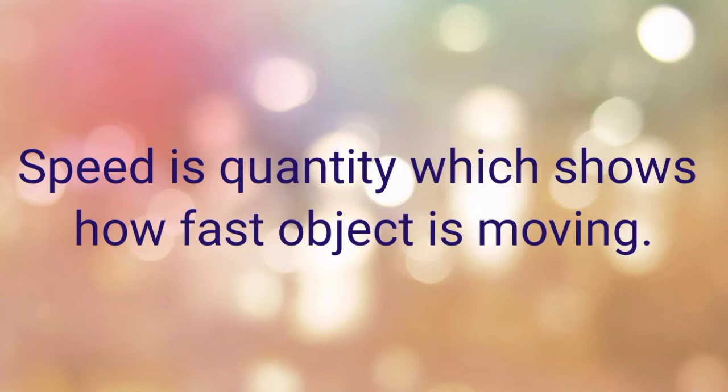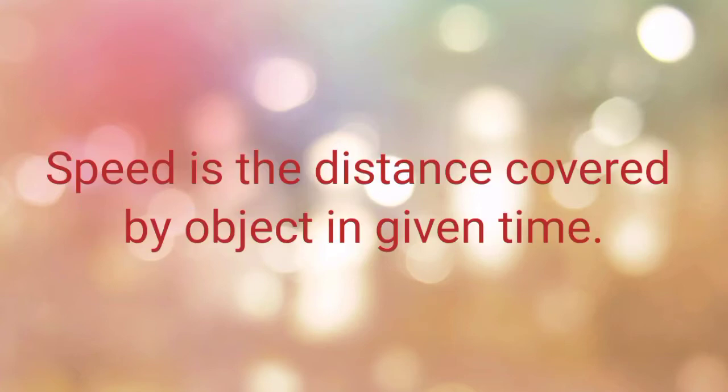Speed is a quantity which shows how fast an object is moving. It shows the fastness of the object. Speed is the distance covered by an object in a given time. When we consider speed, first we consider the distance covered by the moving object, and second we consider the time.